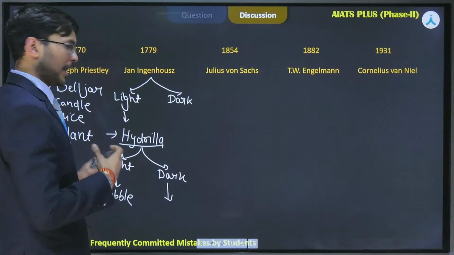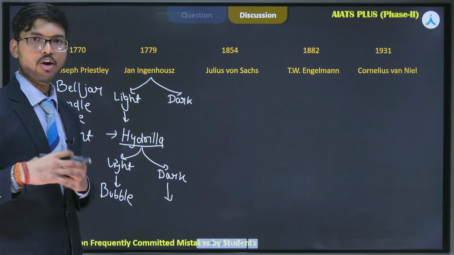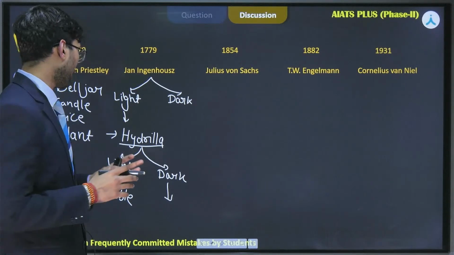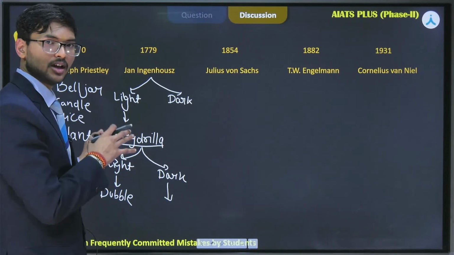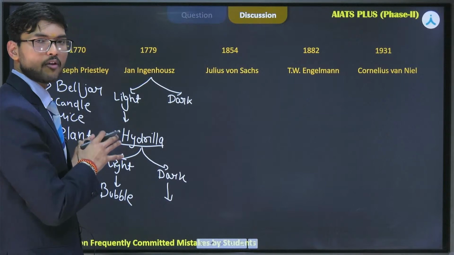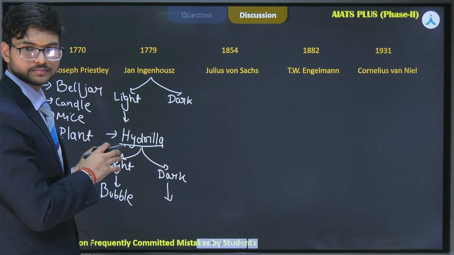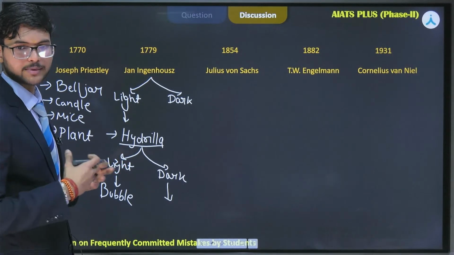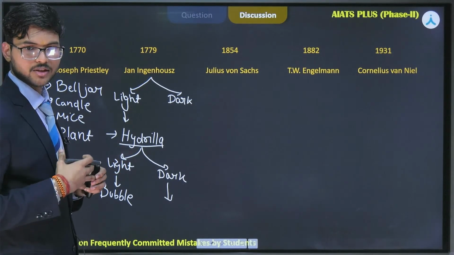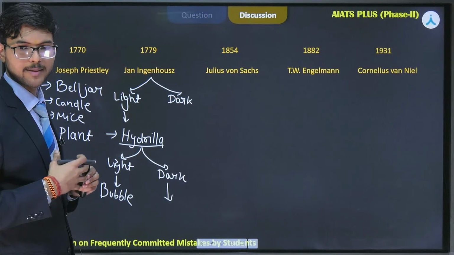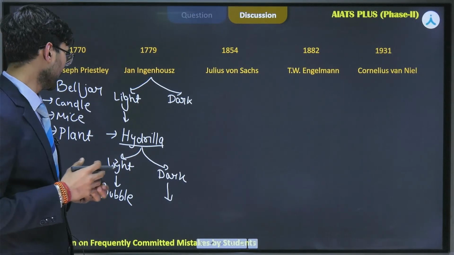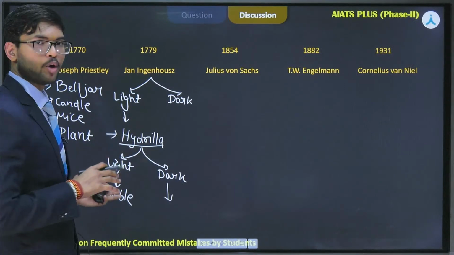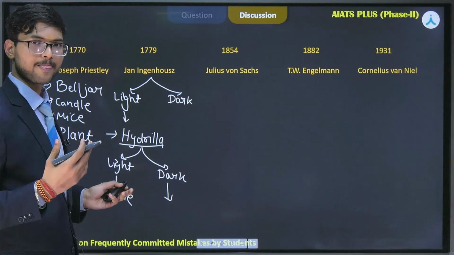After a while, he found out that the bubble was oxygen. So he stated that light is important for the removal of oxygen. Yes, Kumari, hydrilla is most of the times asked in the NCERT, in the NEET. So it's quite important. So he hypothesized that light is important for removal of oxygen.